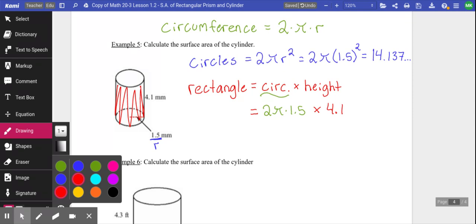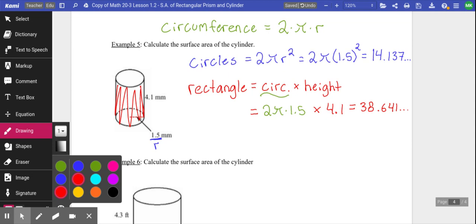That will give me the area of my rectangle. 2 times pi times 1.5 times 4.1 equals 38.641, and then a bunch more decimals. And I now have my two parts. I have the top and the bottom, the circles, and I have my label around the outside.